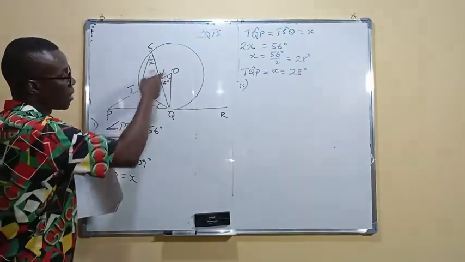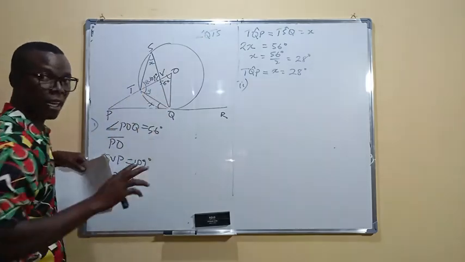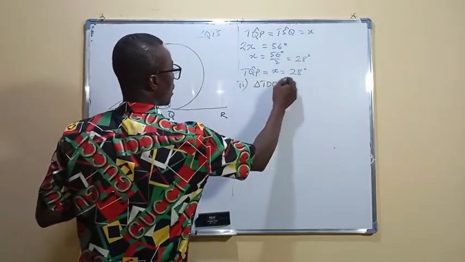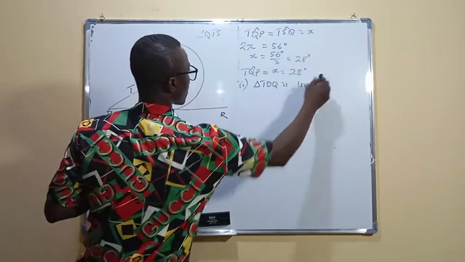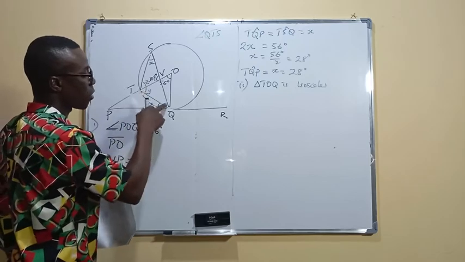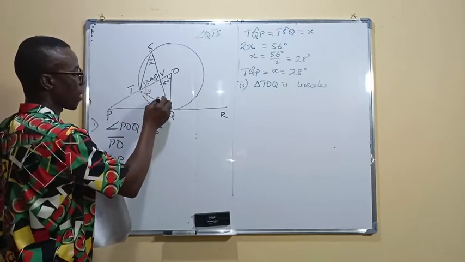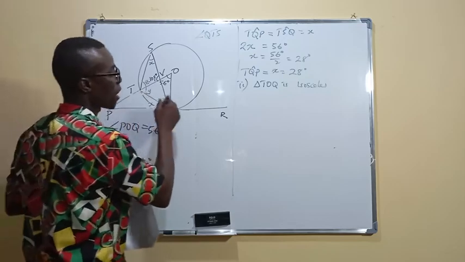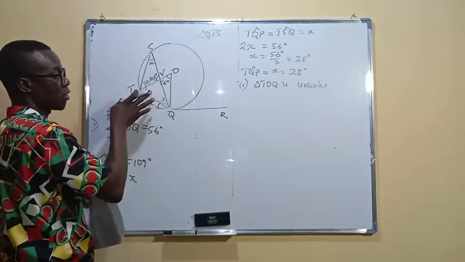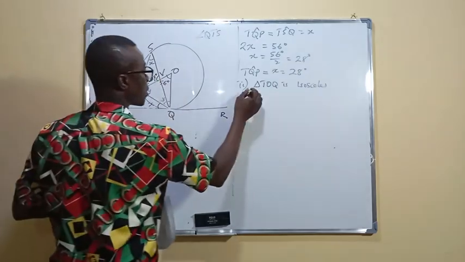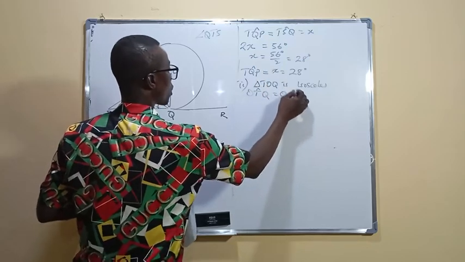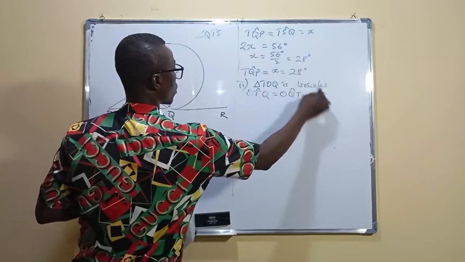If they are equal, this tells me that triangle TOQ is isosceles. And if it is isosceles, the base angles, that's this angle and this angle, are equal. So I can call this y. To identify that, either I draw the diagram for the examiner to see, or I specify by saying angle OTQ is equal to angle OQT, which is equal to y.